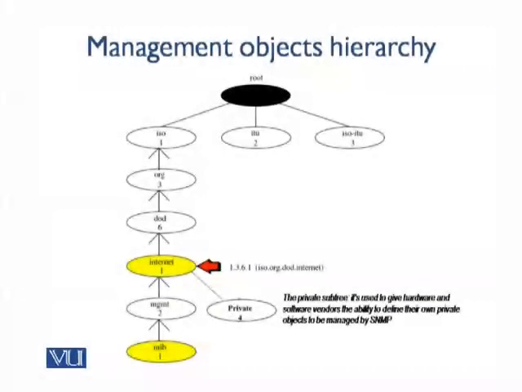And obviously, if you have something that is of interest only to your company, you want to monitor it, but you don't want to standardize it because no one else is doing it. So in this framework, there is a way for doing that as well. And that is through another node at the same hierarchy as MGMT. And this is known as the private node. And after this, you have all the proprietary MIBs.